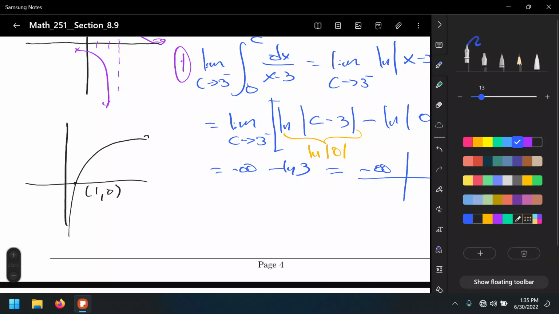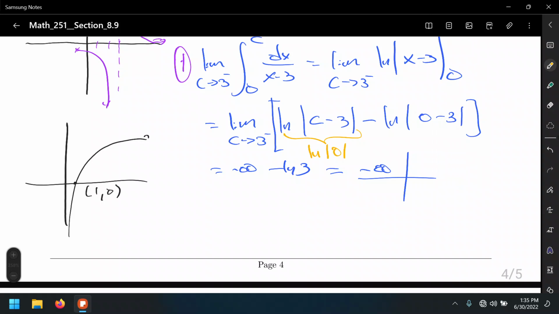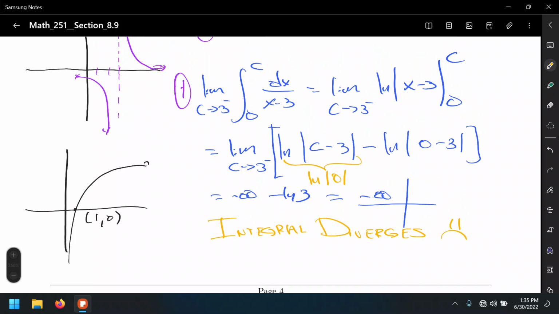So in this case, the integral diverges. All right, the integral diverges. Okay, so let's see what's next. Questions about any of this?